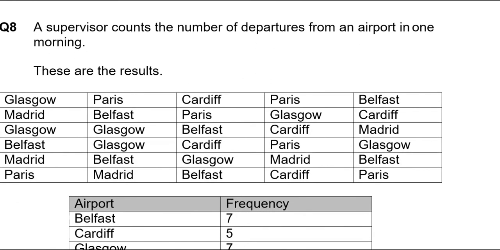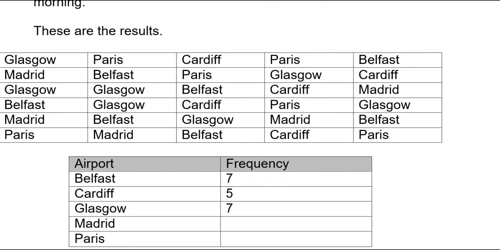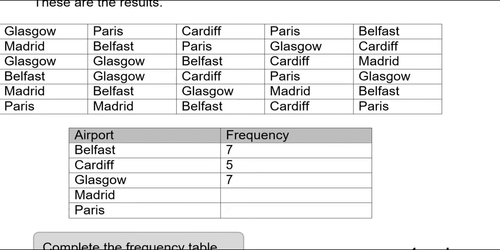A supervisor counts the number of departures from an airport in one morning. These are the results. So we've got to complete the frequency table. Belfast, we've got 7, Cardiff 5, Glasgow 7, Madrid and Paris.